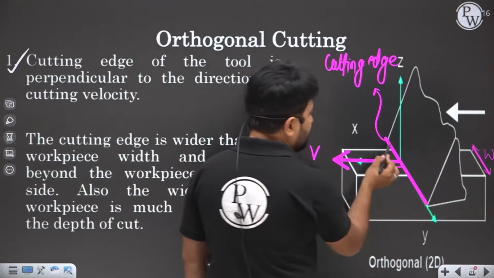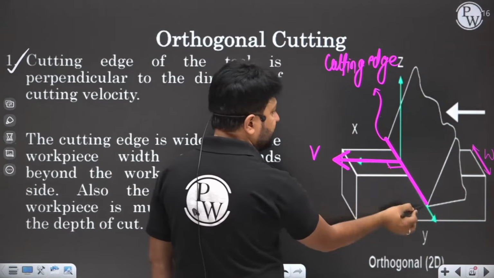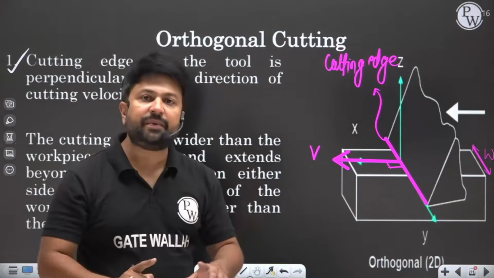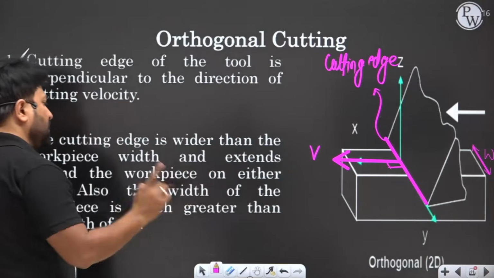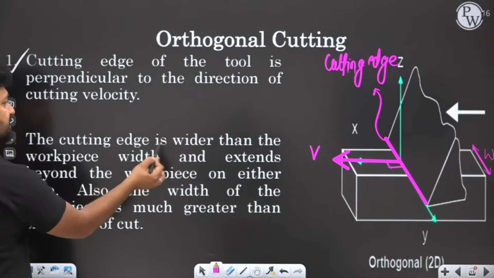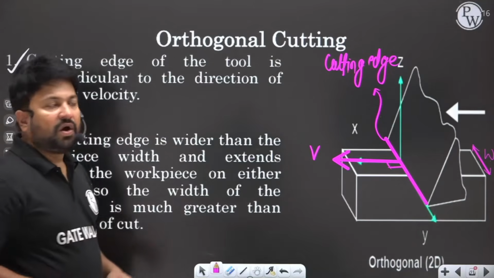So here the cutting edge should be wider than the width of the workpiece, and it will be extended beyond on both sides. The cutting edge is wider than the workpiece width and extended beyond the workpiece on either side.